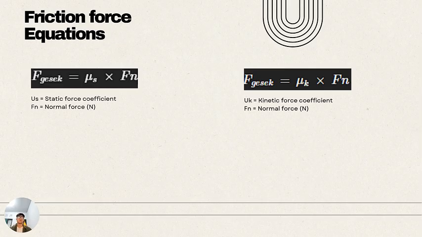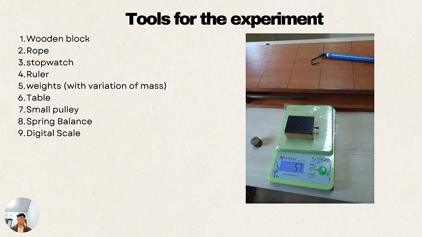The second one is how we find the F friction in kinetic: F friction equals mu k times Fn. Mu k is the kinetic force coefficient, while Fn is also the normal force in Newtons.